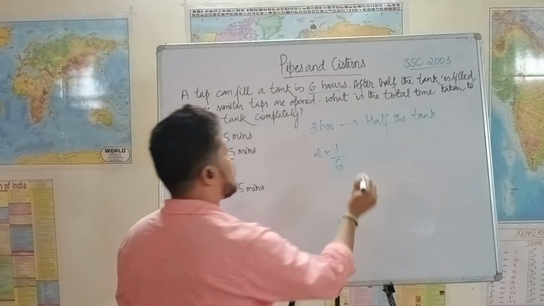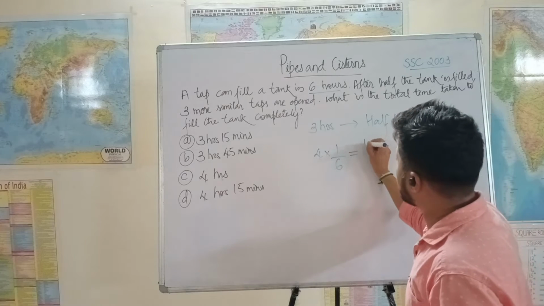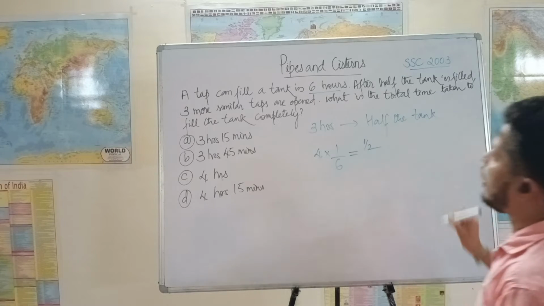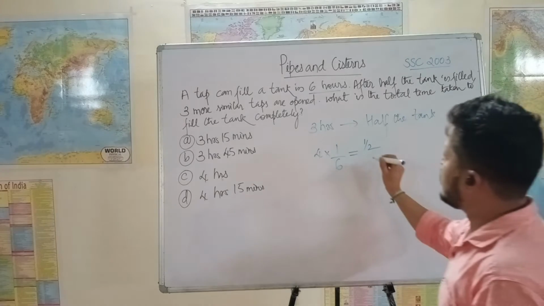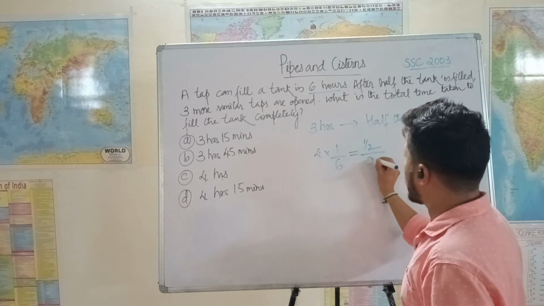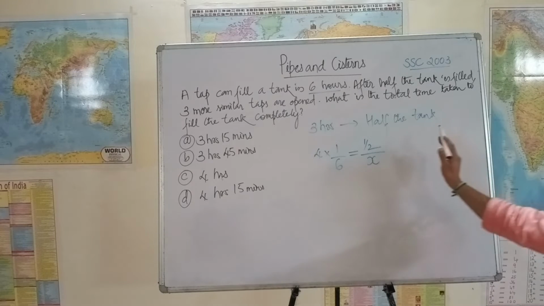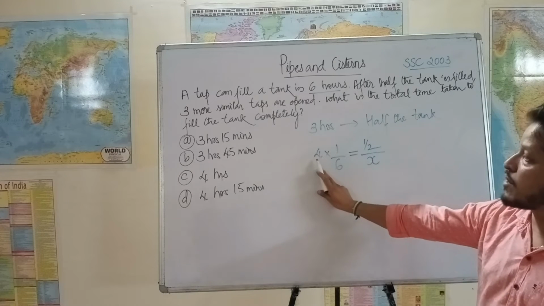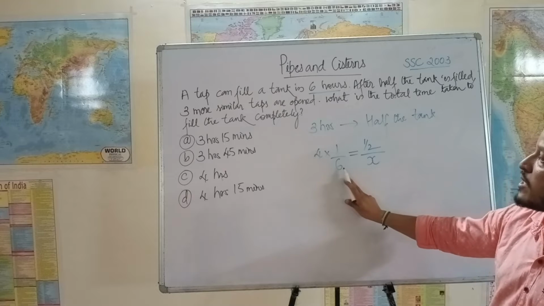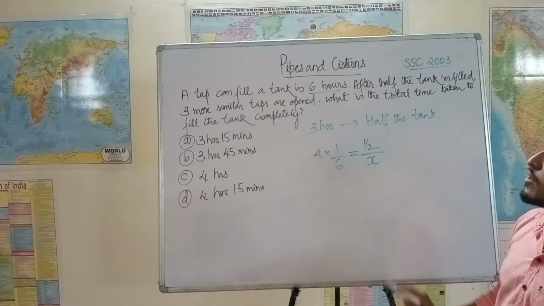Now they have to fill the remaining half of the tank, not the full tank. Half the tank they have to fill in how many hours? We don't know. Let's take it as x. Please understand how we have written this: 4 taps are working with the efficiency 1 by 6 to do half the work in x hours.